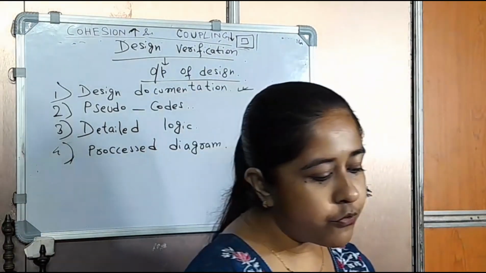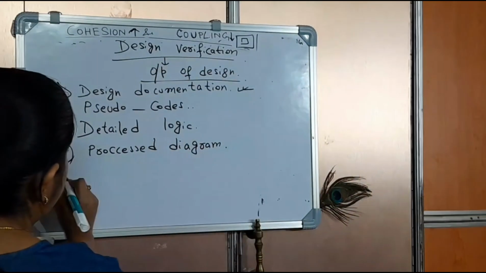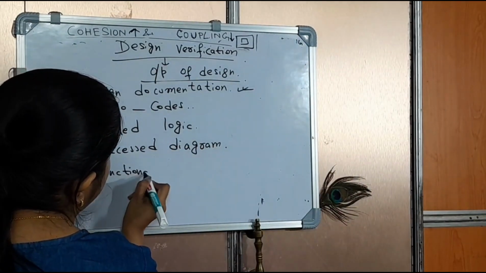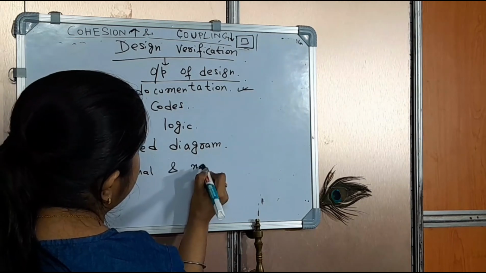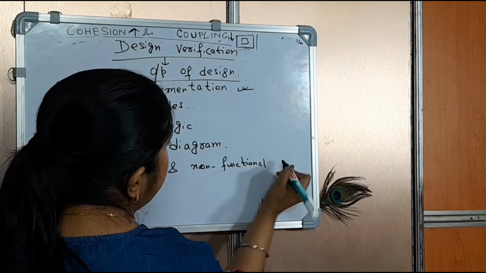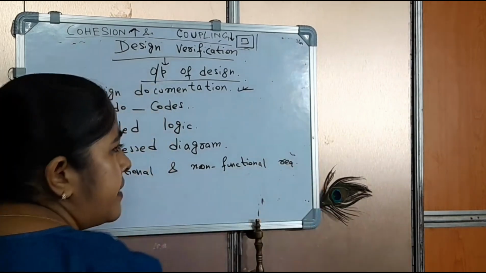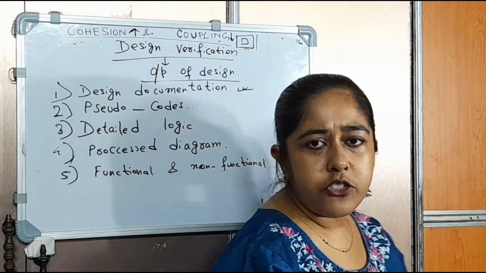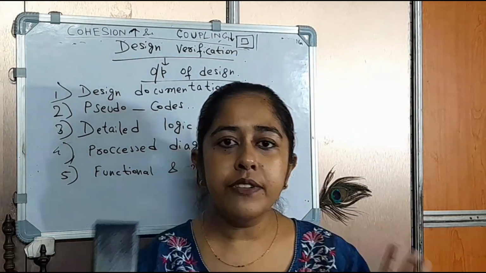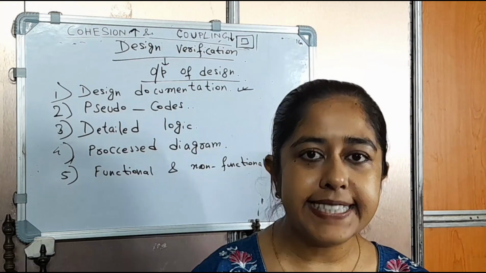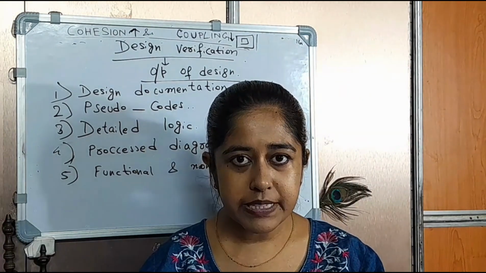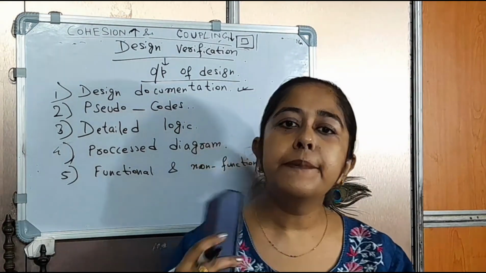And the fifth one is our functional and non-functional requirements. This was also there after your SRS document was done. But now, after you have the detailed design, whatever functional or non-functional requirements were there will be updated.